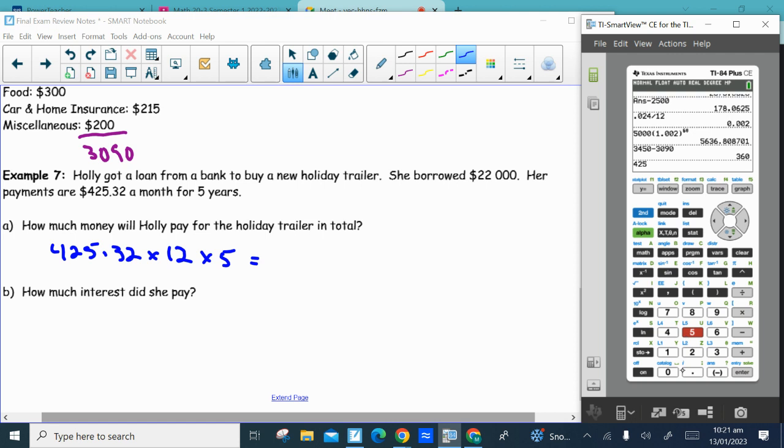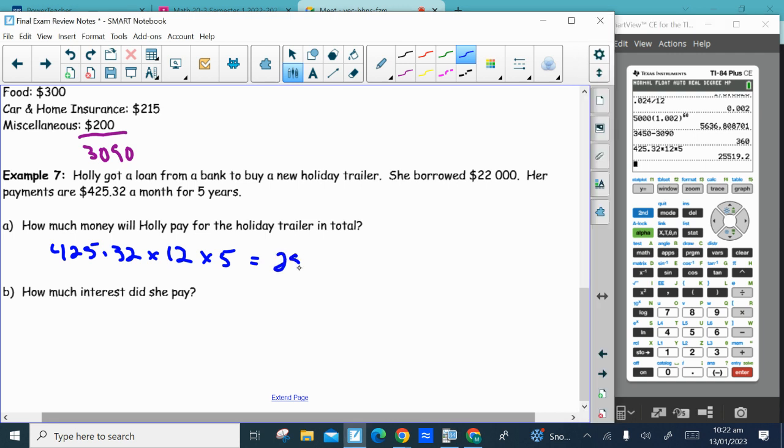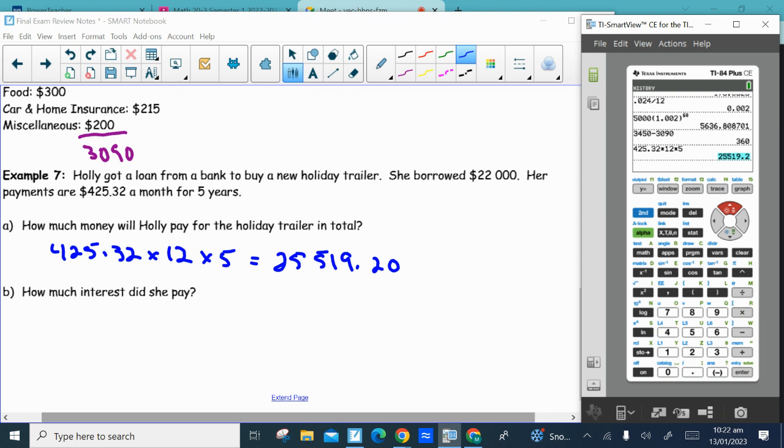So $425.32 a month times 12 times a year times 5 years gives us $25,519.20. Now, she only borrowed $22,000. The amount she paid back is much more than that. The difference is the interest.